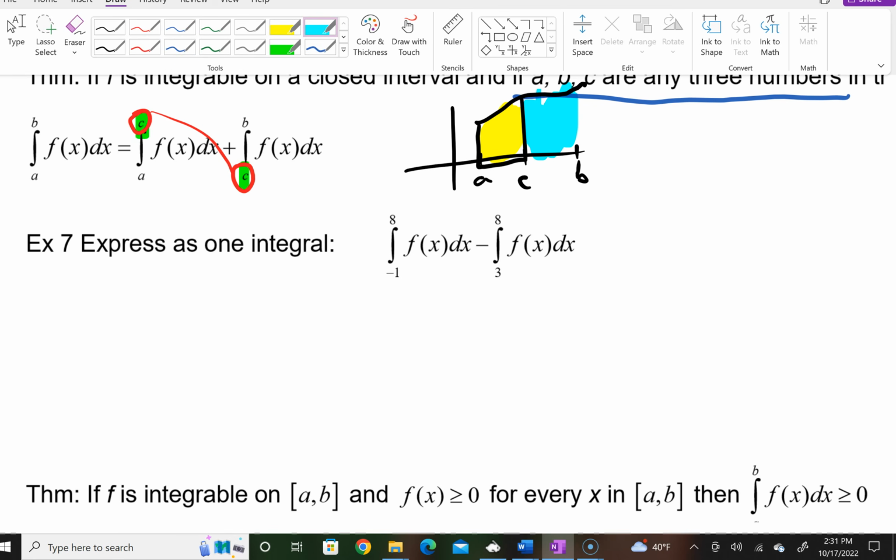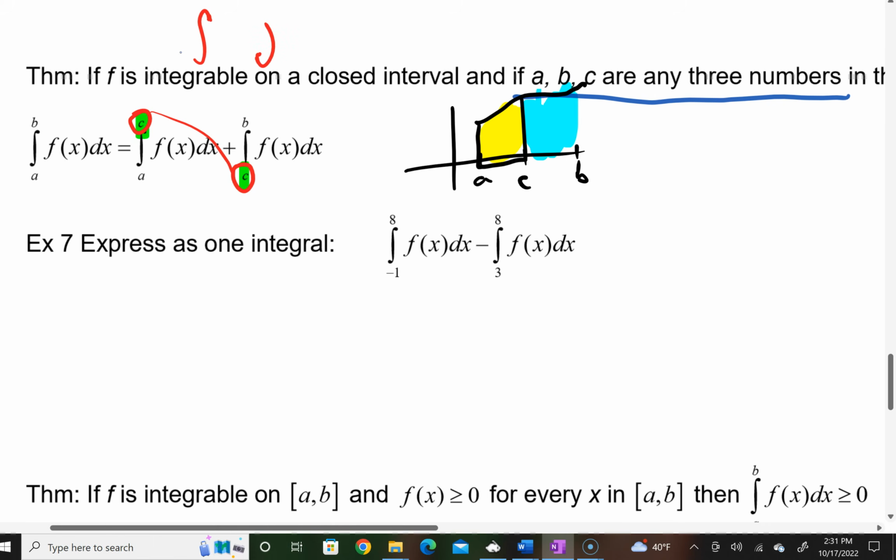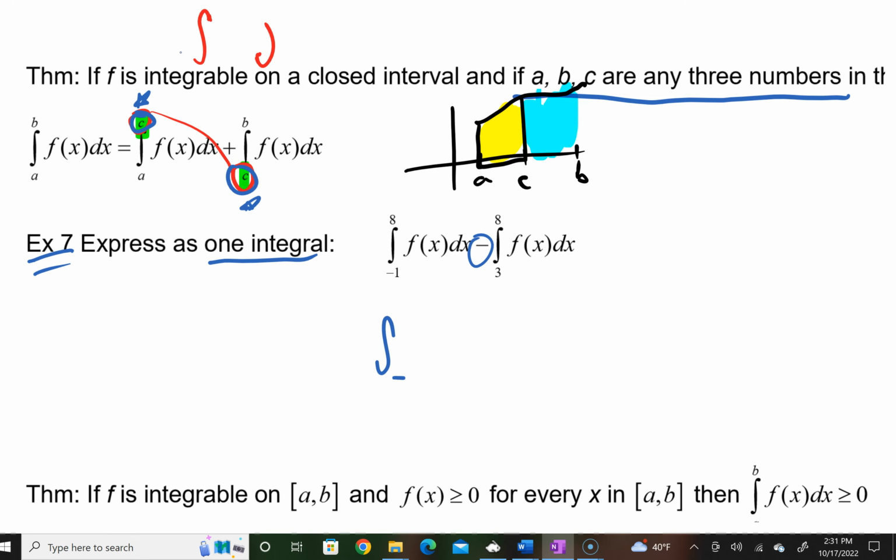Here's a really cool application, though, that you can apply right now. Look at example 7. Express as one integral. Well, right now, I don't have that barrel of monkeys idea where you've got a number up on top, a number down below. But wait a minute, I've got that minus right there. Tell you what, I'm going to flip the 3 and the 8, and I'm going to pull a negative out.